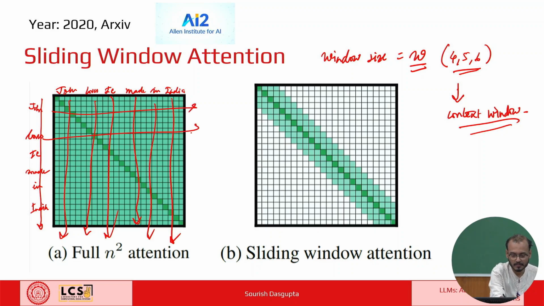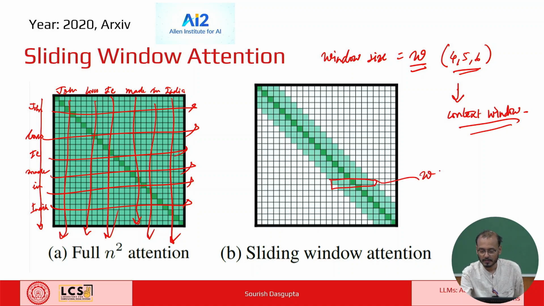I'm pretty shabby in terms of diagrams. So you don't really need to compute everybody with everybody. What you can do is take a window size. Over here, the window size W is equal to 1, 2, 3, 4, 5, 6, 7.